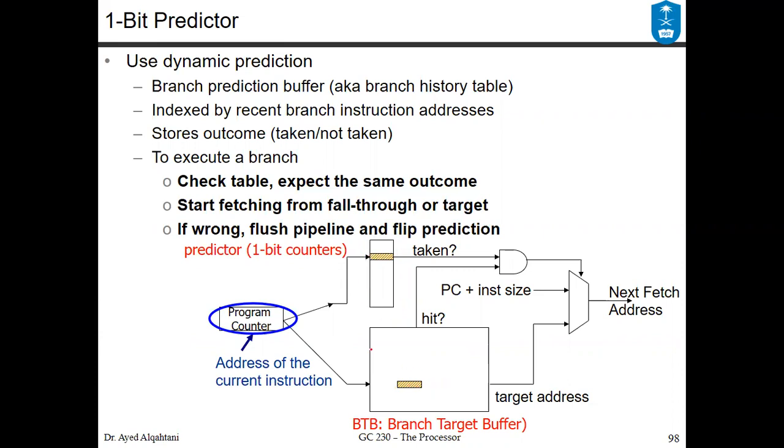Now, if the branch is taken and you know the target address, then if it is a hit, this will be supplied to the selector line that tells you that you need to take the target address and go fetch the next instruction using this target address. Otherwise, you just do the PC plus 4, or the PC plus the instruction.